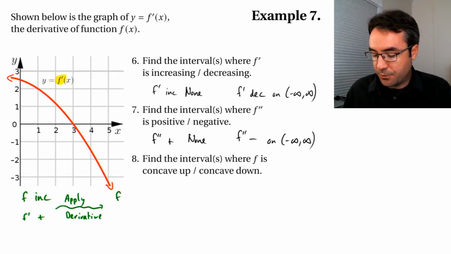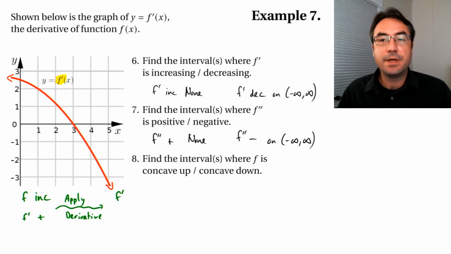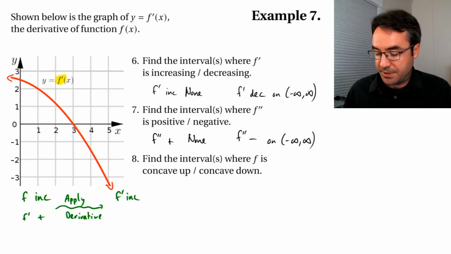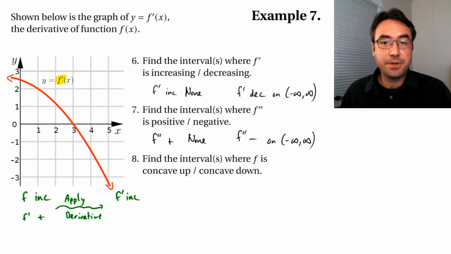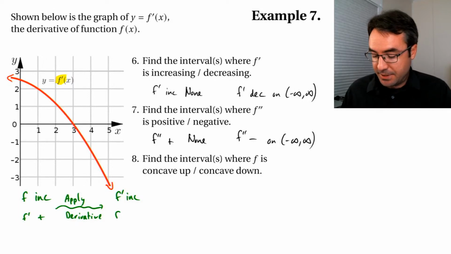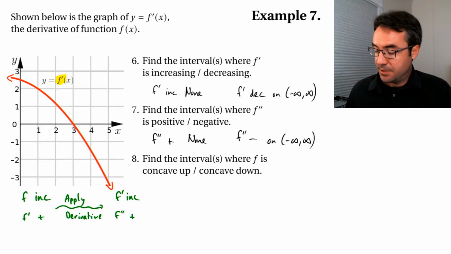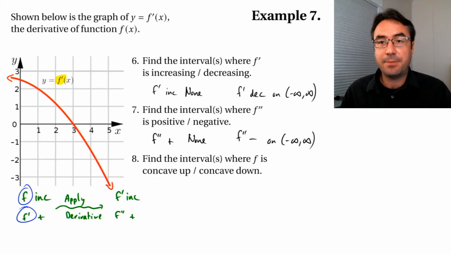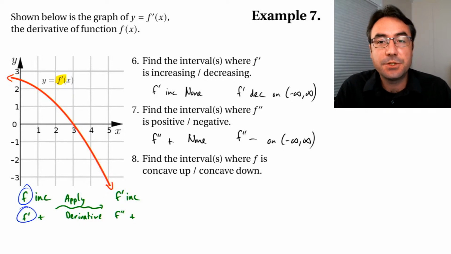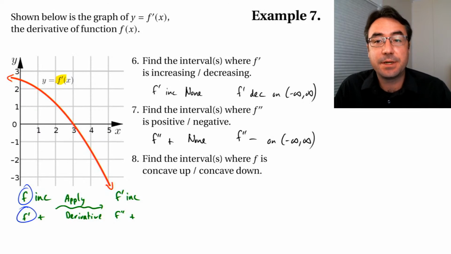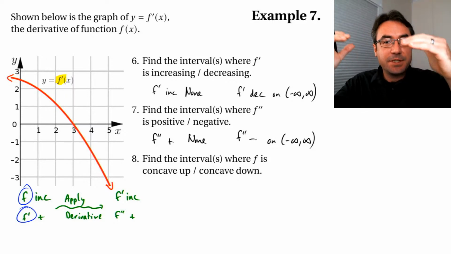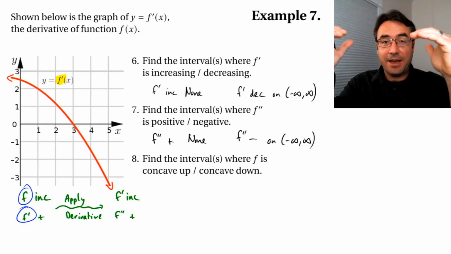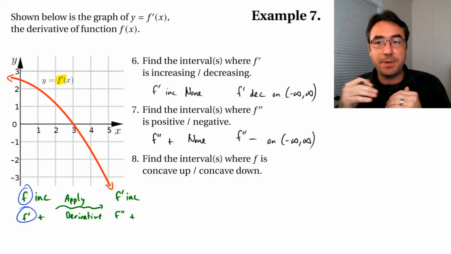If we apply the derivative to the top part, it tells us f prime would be increasing. And if we apply the derivative to the second part of that statement, that would tell us f double prime is positive. So if f is increasing, f prime must be positive. If f prime is increasing, f double prime must be positive.